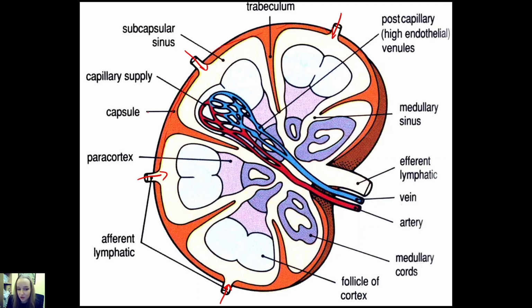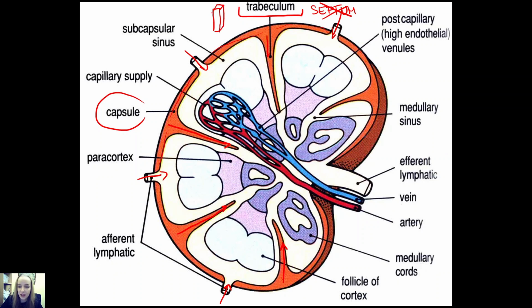The capsule is all around the lymph node, and it merges with these orange things, which are trabeculae. That's something different from a septa. It isn't a septum, it's a trabecula. It's something like a column.